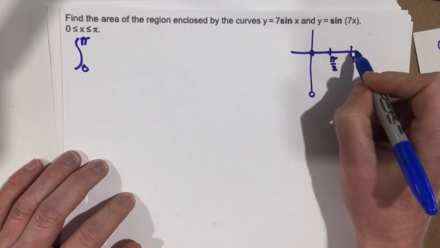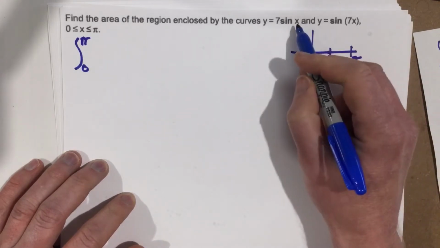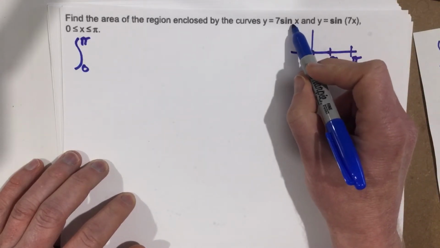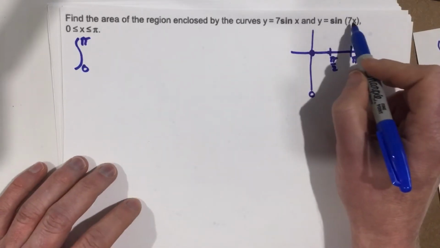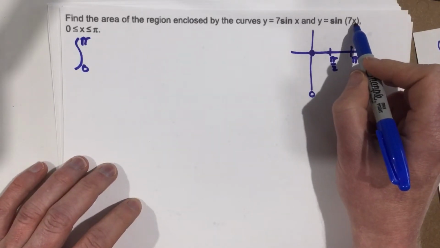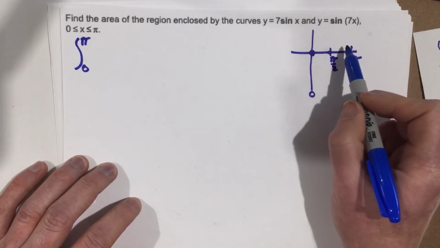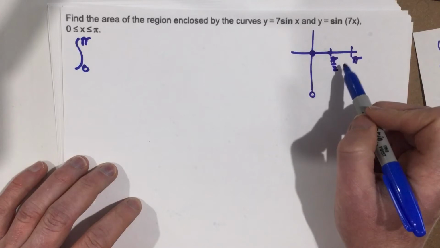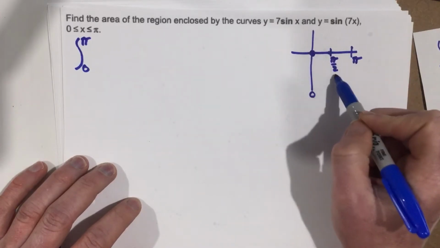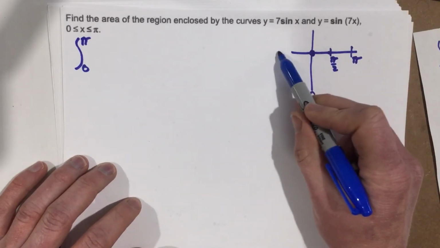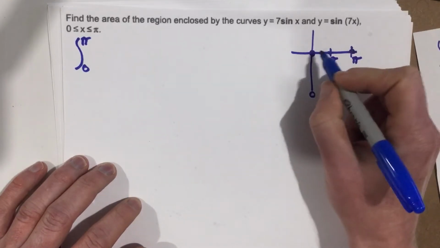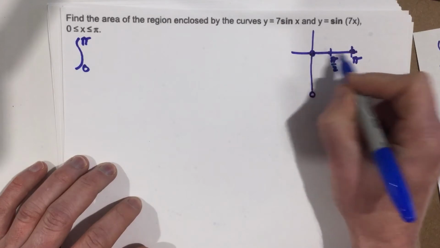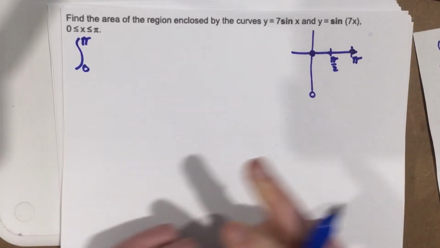But when we plug in pi, sine pi we know is also 0, and sine 7 pi is also 0, because if we go around 2 pi, 4 pi, 6 pi, 7 pi, we're on this axis, and we know sine is 0 at that point. So it's also going to be right here. So if we plug in the endpoints, we know we're meeting back on the x-axis.